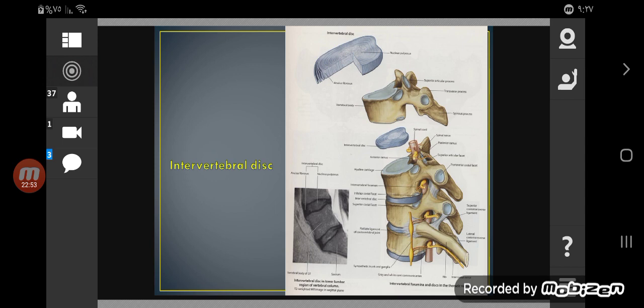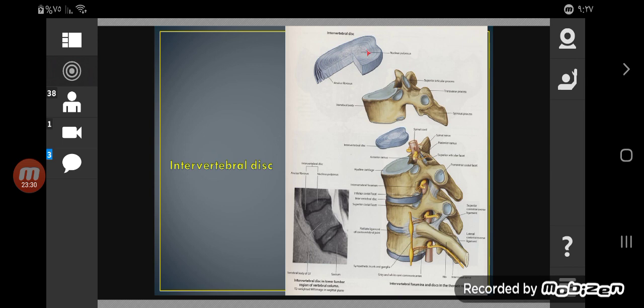But the annulus fibrosus consists of many concentric laminae, you can see. Of course, another thing about the nucleus pulposus is that it is not central in the intervertebral disc, and its position tends to be posterior.